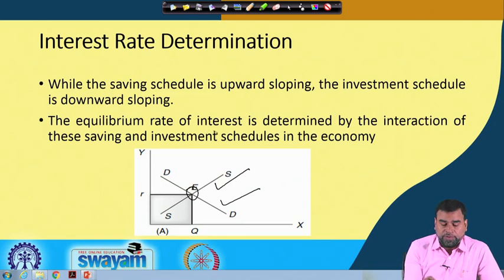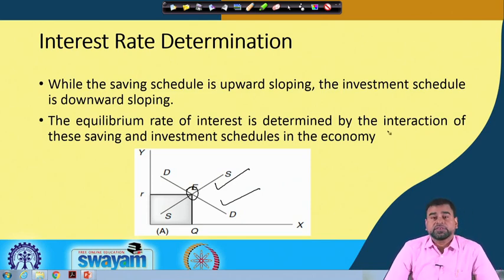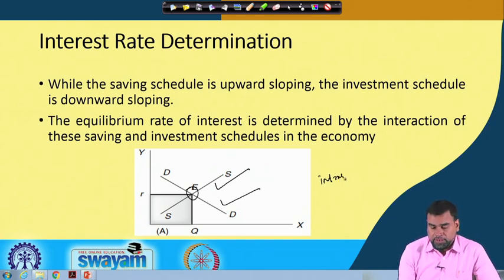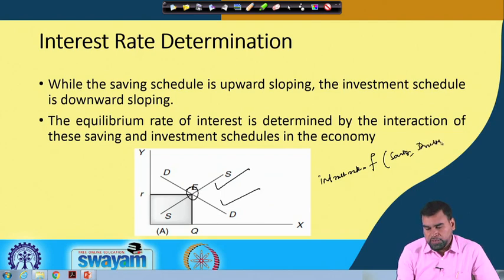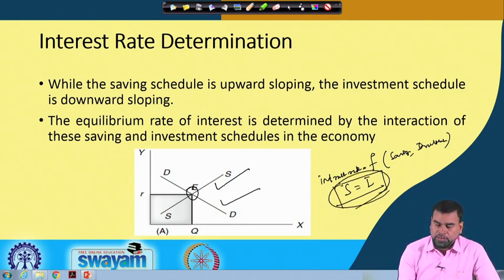So, therefore, the equilibrium rate of interest is determined by the interaction of the savings and investment schedules in the economy. We have to know that according to classical theory, the interest rate is a function of total savings and total investment. Wherever savings is equal to investment, there we have the equilibrium interest rate determined.